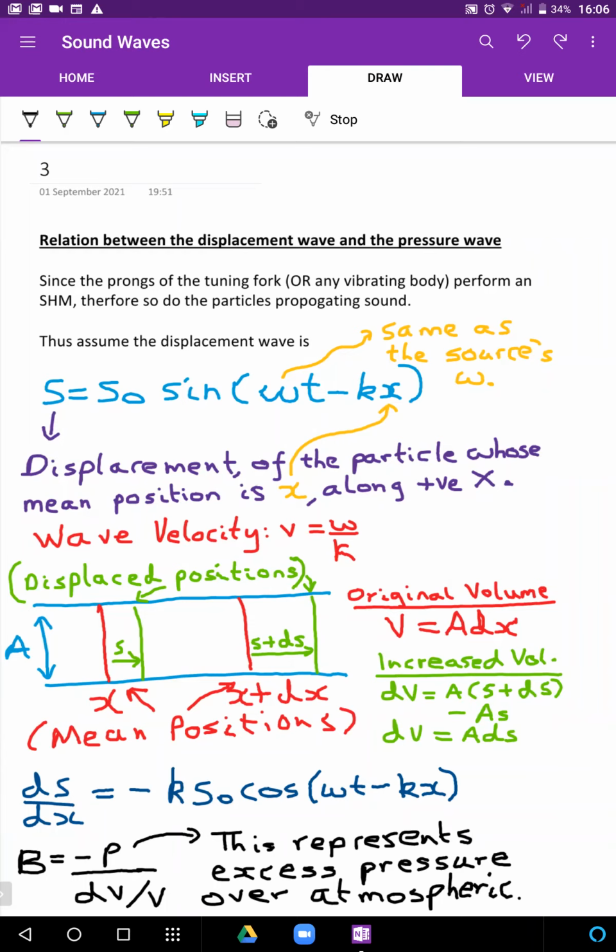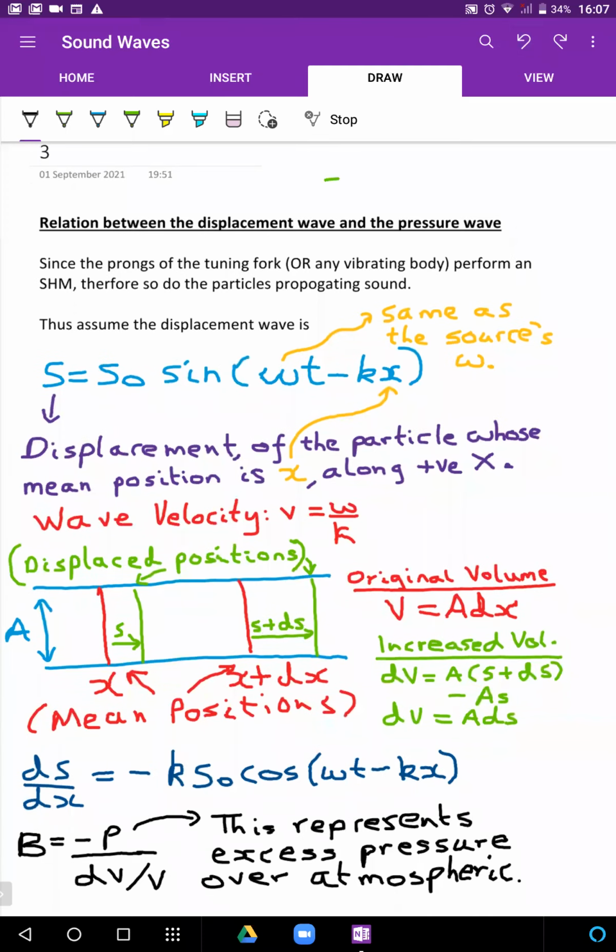Okay, so volume has changed. First of all, volume has increased when the right boundary went ahead. It increased by this amount. What is that amount? Area into length. So it increased by area into s plus ds, but then it decreased because the left boundary has moved in.